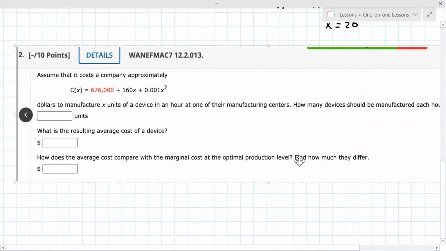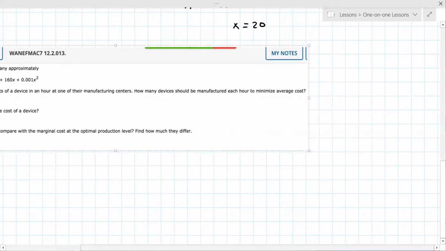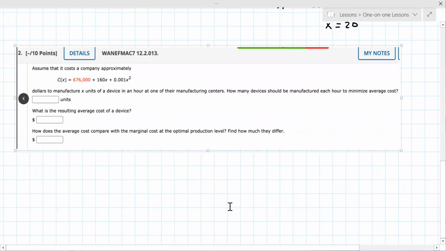How many devices should be manufactured each hour to minimize the average cost? The cost here is given, but average cost is different.